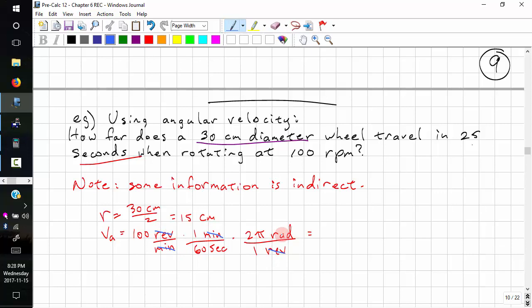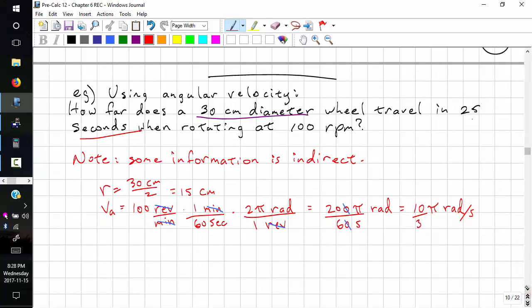Now we have radians per second. So we have 100 times 2 pi, so that's 200 pi over 60 seconds, radians per second. We can simplify this again. We can cancel out a 0. And a common factor between 20 and 60 is 2. So we have 10 over 3 pi radians per second.